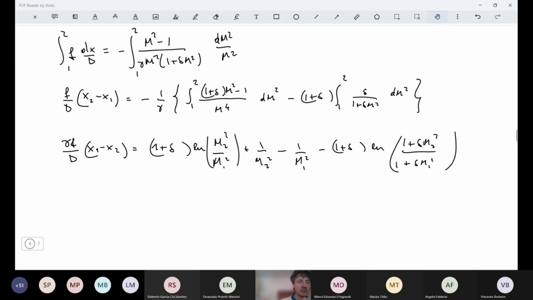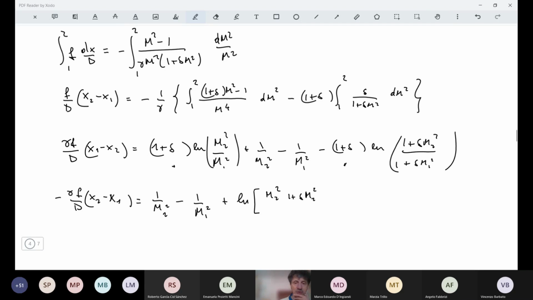And so I will write this in this way. First, I consider the term without logarithm, and then a single term within our logarithm sign. That would be M2 squared (1 plus delta), because you see that both terms are multiplied by 1 plus delta here, so they have the same exponent within the logarithm sign.